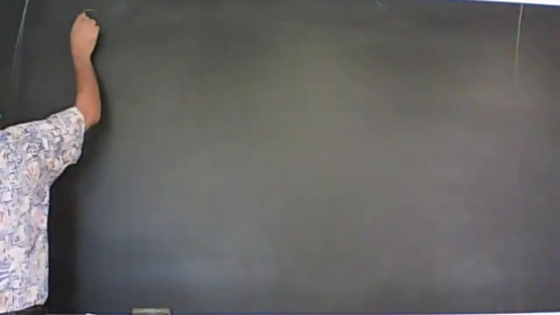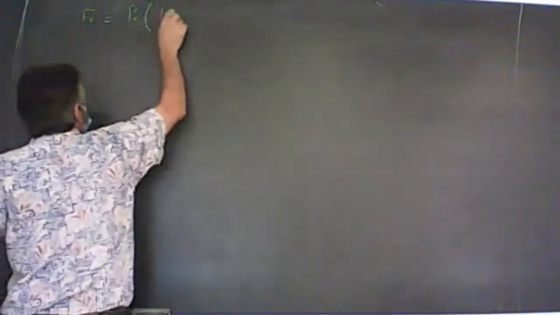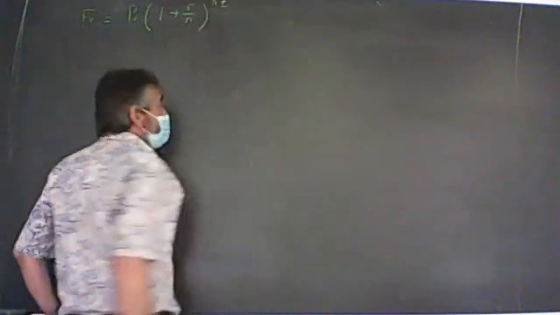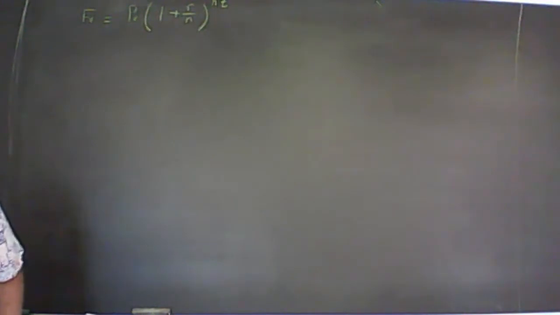Go back to the future value equals the present value times (1 plus R over N) to the power NT. That is the future value for compound interest. Not all the time we want the future value. Sometimes we need the present value.